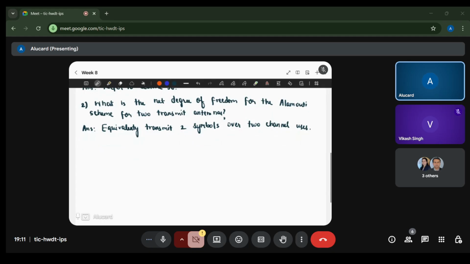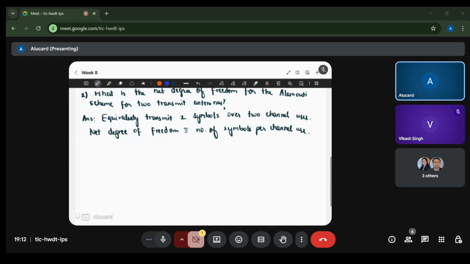Well, degree of freedom. Let me just say the net degree of freedom will be number of symbols per channel use. Now for this scheme we should be able to figure out what is the number of symbols per channel use.